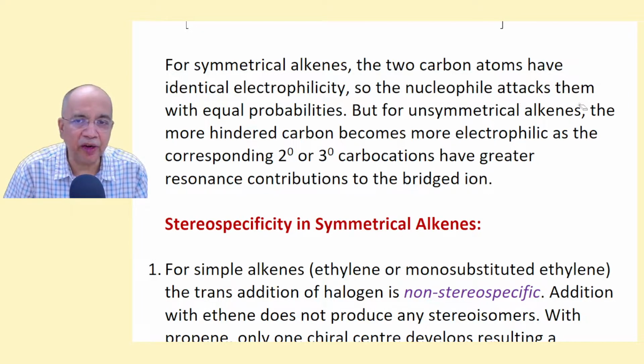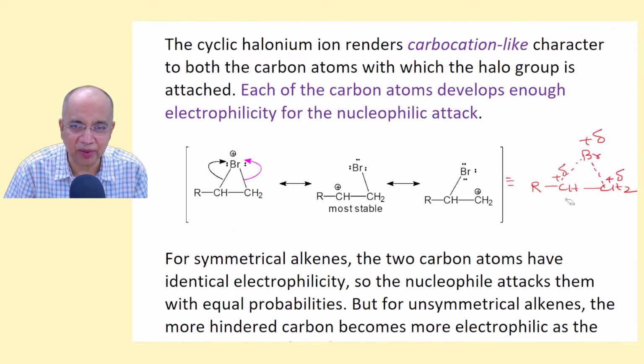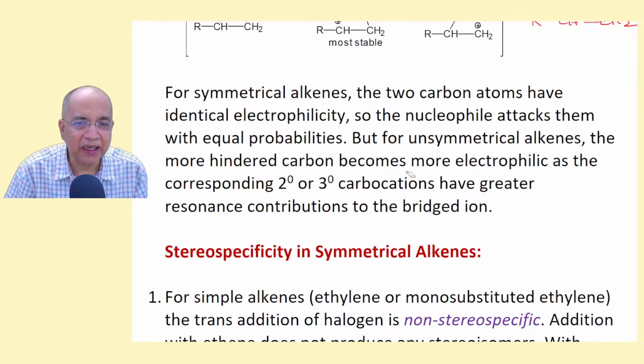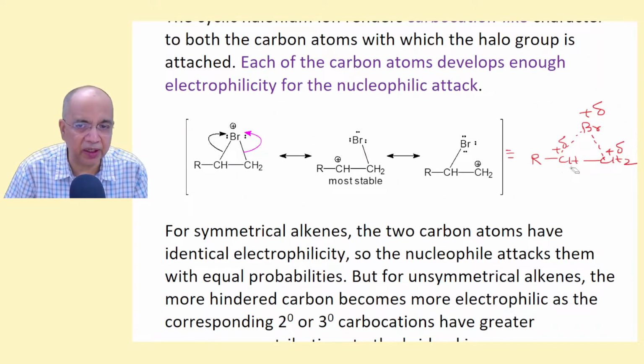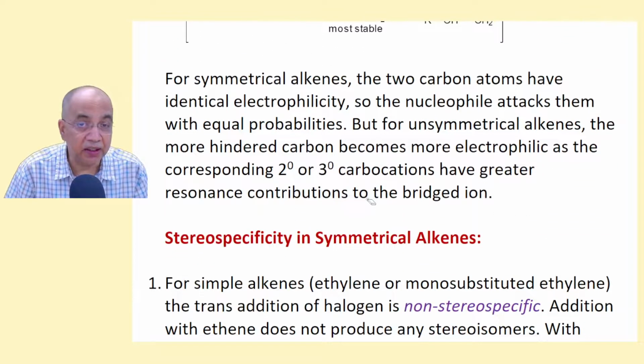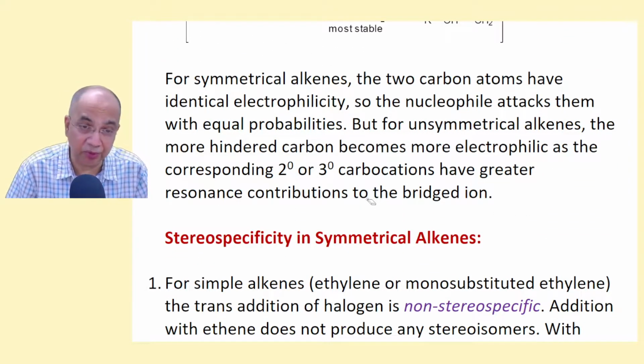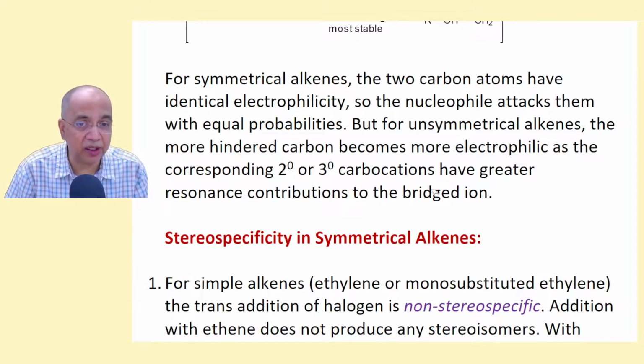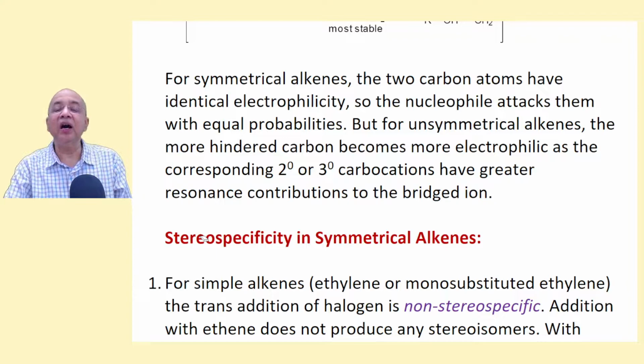So the nucleophile attacks them with equal probabilities, but for unsymmetrical alkenes, the more hindered carbon, this one, becomes more electrophilic, as the corresponding carbocation is 2 degree, here it is 2 degree, and if there is another substitution it will be 3 degree, still more stable and contributing. The 2 degree or 3 degree carbocations have greater resonance contribution to the bridged ion.